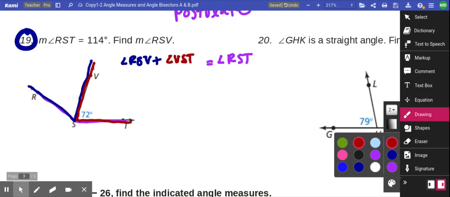So using our angle addition postulate, we know that the two parts of this angle equal the whole angle. So now we're just going to replace what we know. Angle RSV is unknown, that's what we want to find. Angle VST is my red angle here, that is 72 degrees. And I know angle RST was a total of 114 degrees.